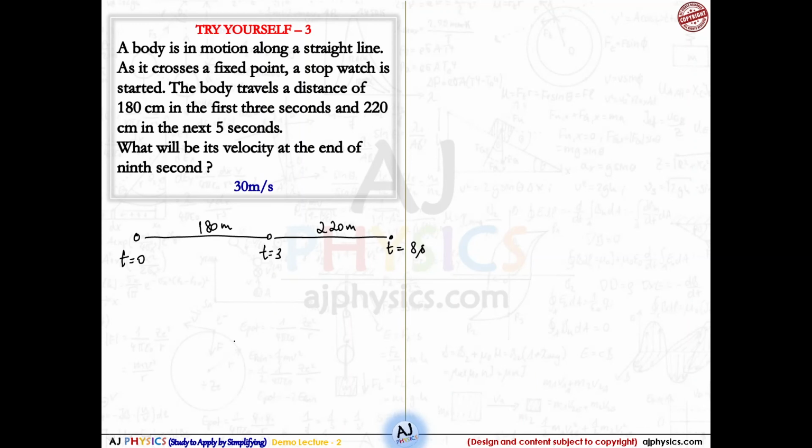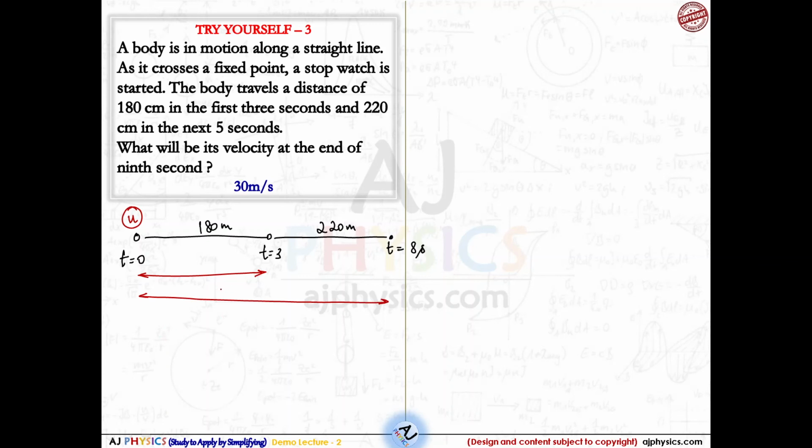Now the approach says u has to be taken here itself. You can't change the point again and again. After this there will be two situations. One is the situation till 3 seconds and the second situation is till the 8 seconds.